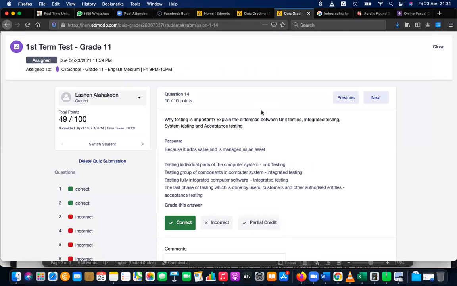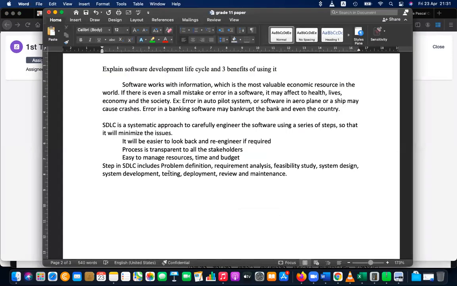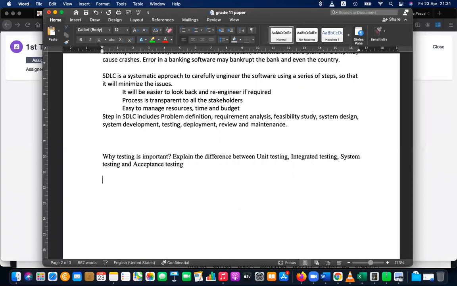Yes, why is testing important? Because before handing over to the user, it is possible to detect and correct errors and fine-tune the system.